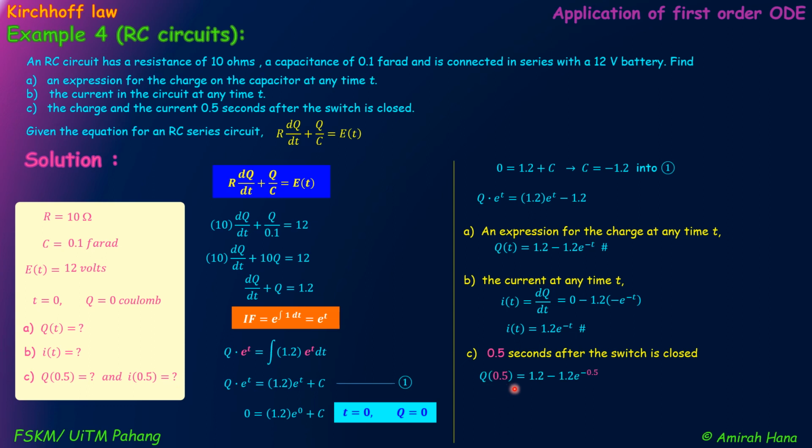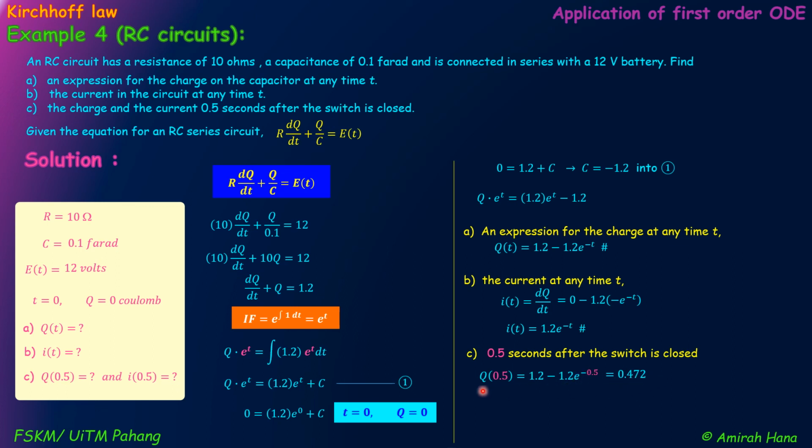For Q(0.5), we replace t equals 0.5 into Q(t), so we get 1.2 minus 1.2 e to the power of negative 0.5. Using a calculator, it equals 0.472. This is the charge 0.5 seconds after the switch is closed.